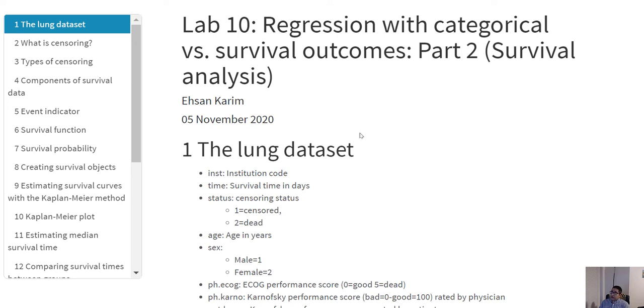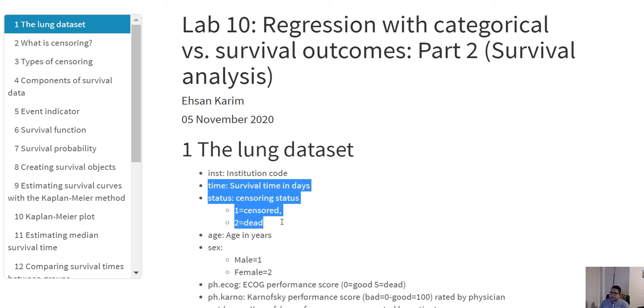For explaining some of these concepts and the functionality within the survival package, we are going to use the lung dataset from the survival package. In that lung dataset we have survival time in days.